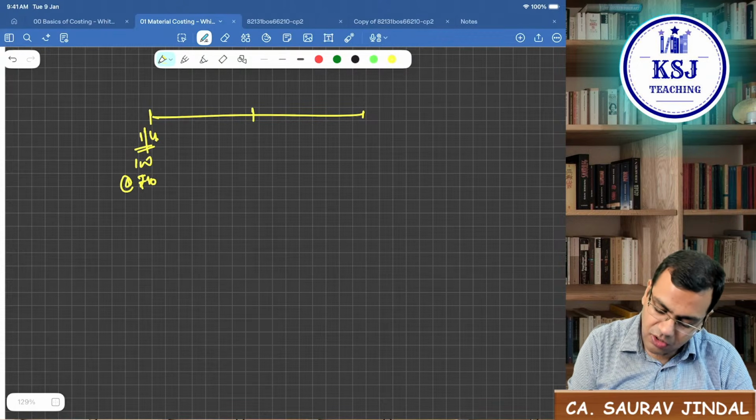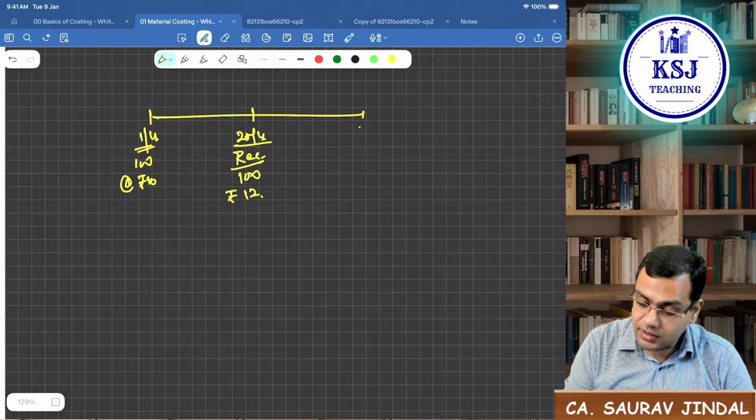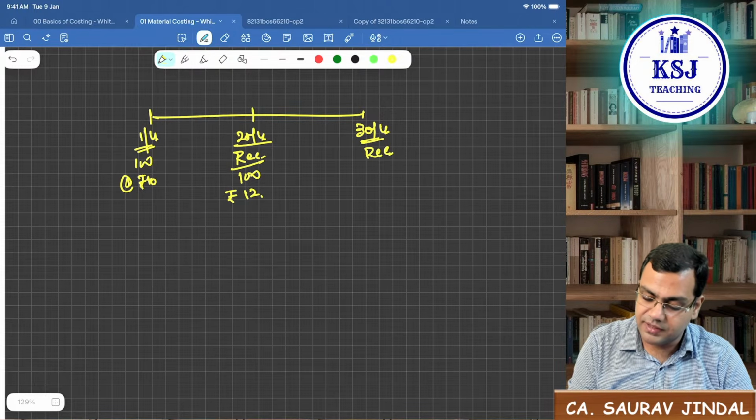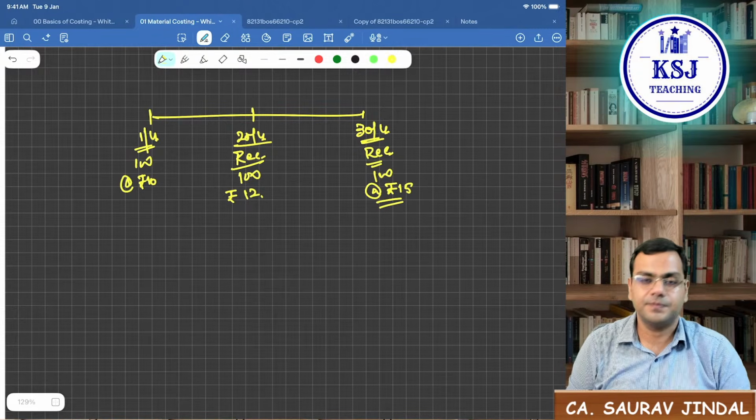Then again on 20th of April, you received 100 units at rupees 12 per unit. On 30th of April, you received 100 units at rupees 15 per unit.